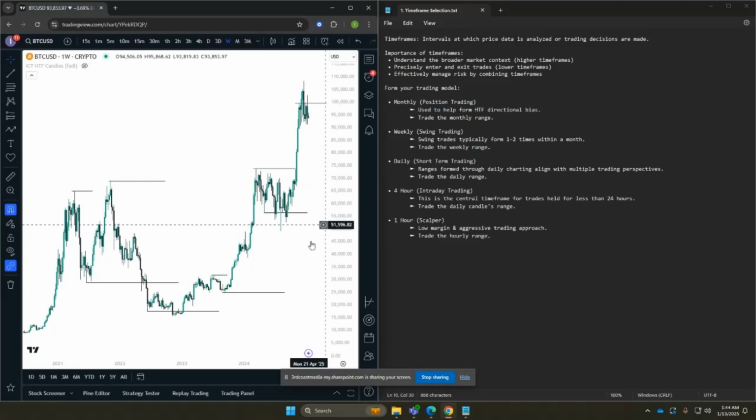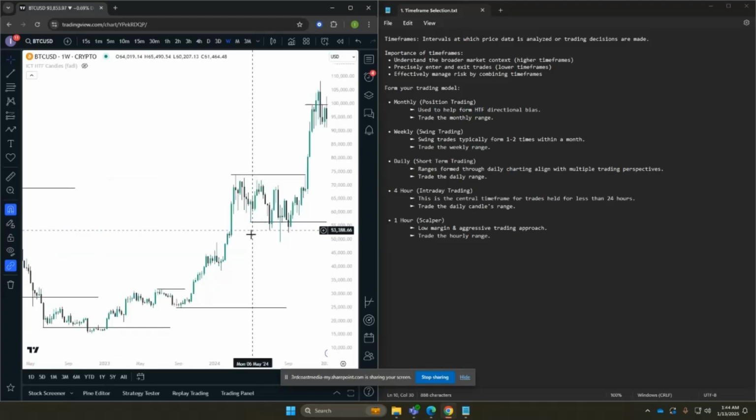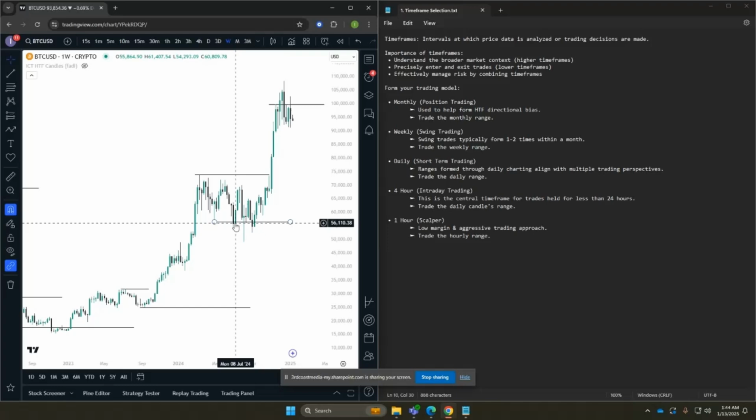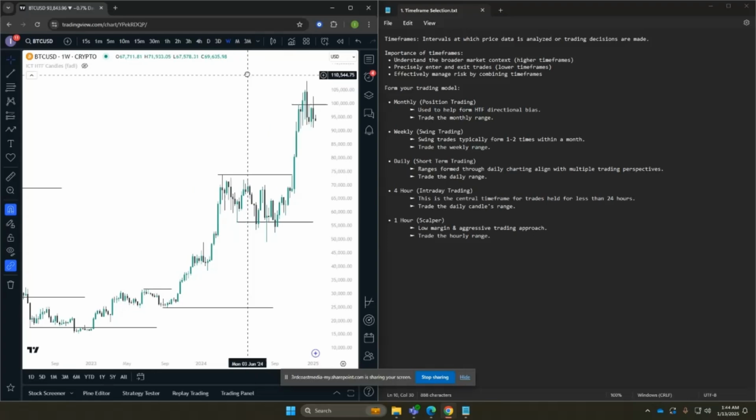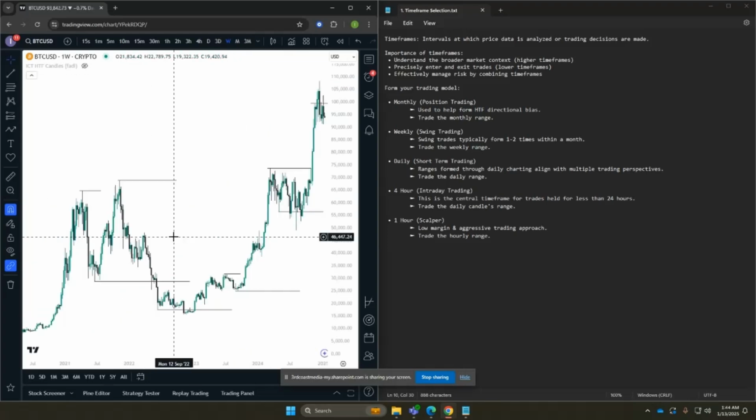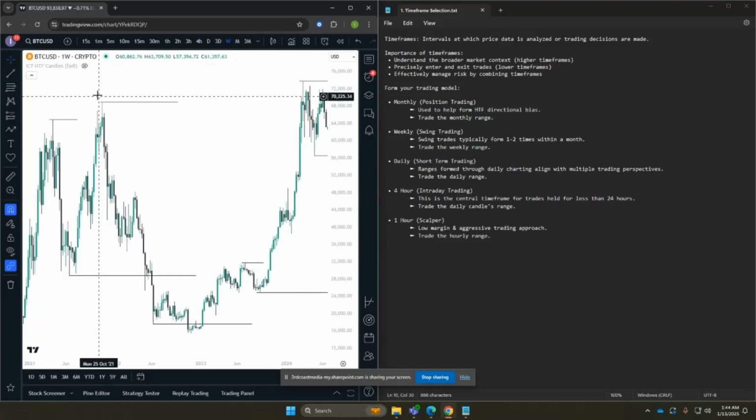And maybe we take a trade here and we hold on to it for a couple of weeks and we end up here. Or maybe we take a trade here when we go outside of the range in this area.